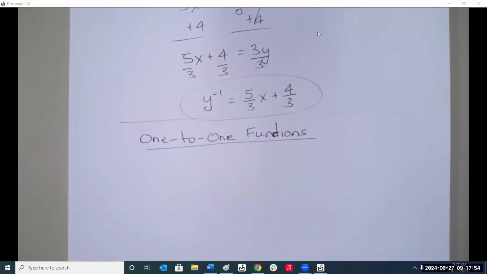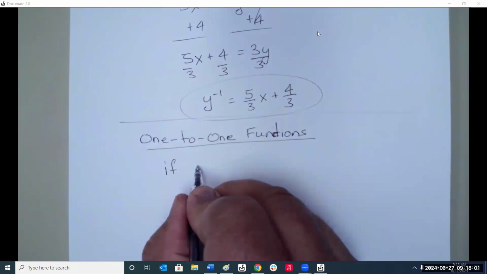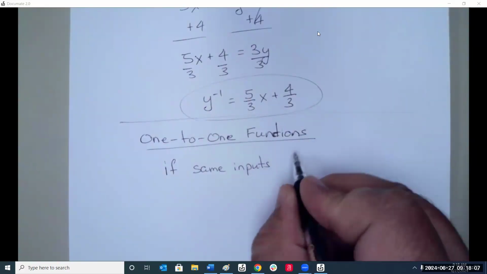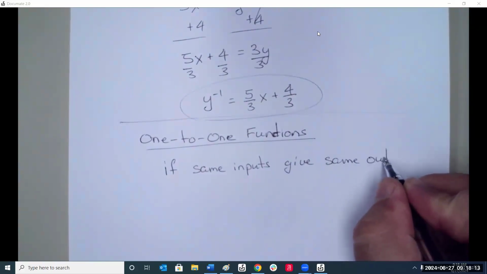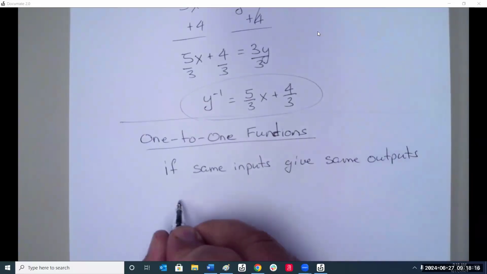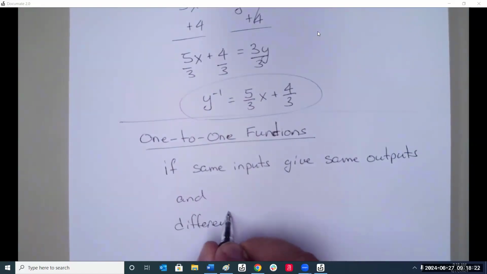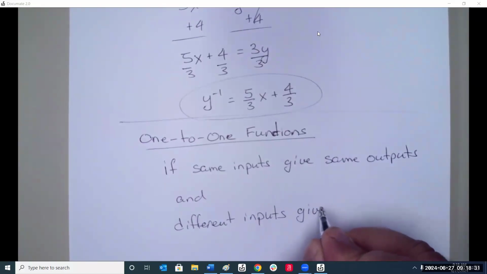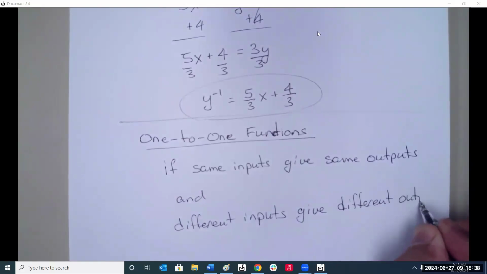A one-to-one function simply means if same inputs give same outputs, and different inputs give different outputs.